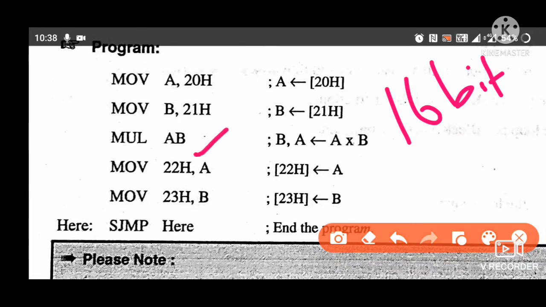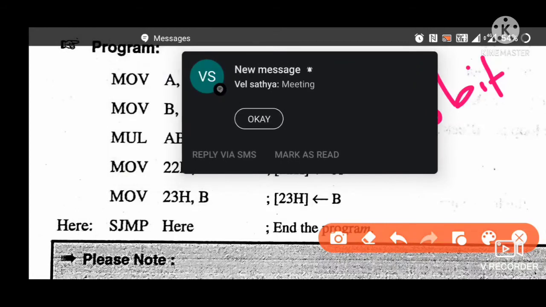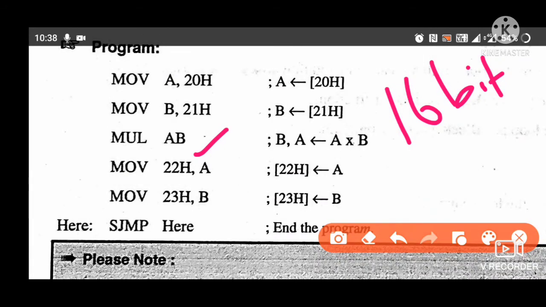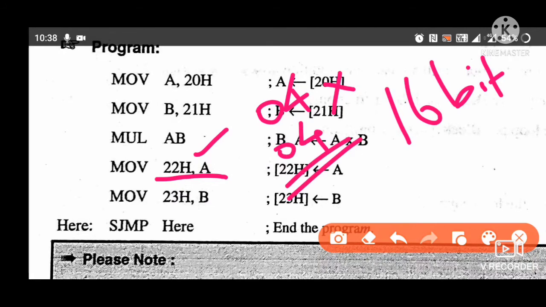So at address 22 we are going to store the lower byte of the multiplication result, because if you multiply 04 with 04, the value is 16. In hexadecimal, 16 is represented as 10h.